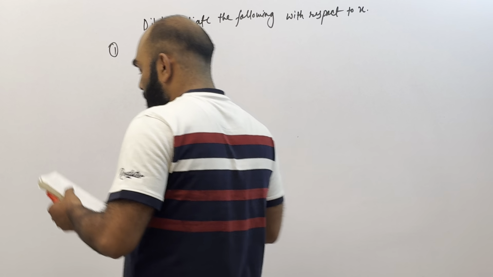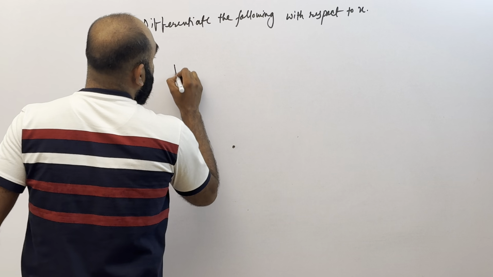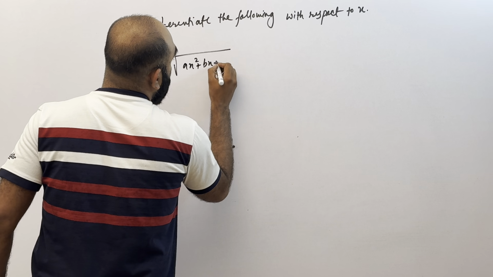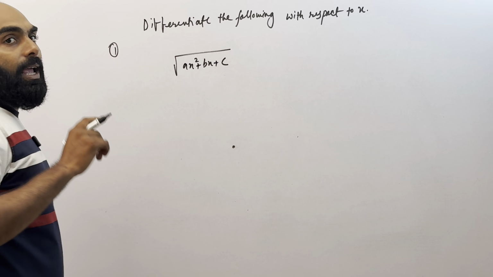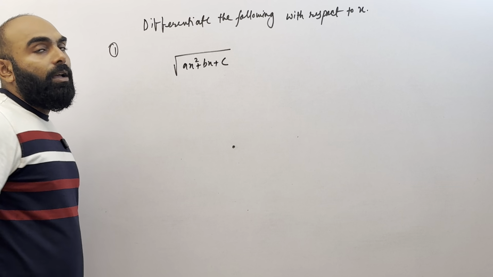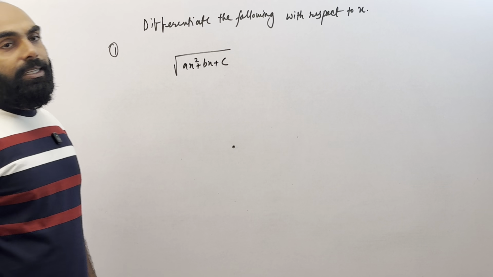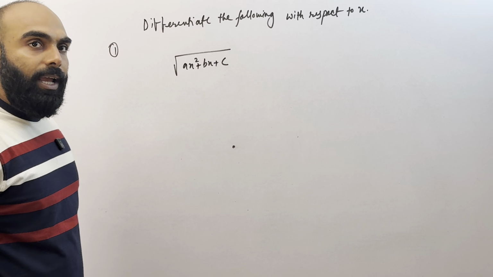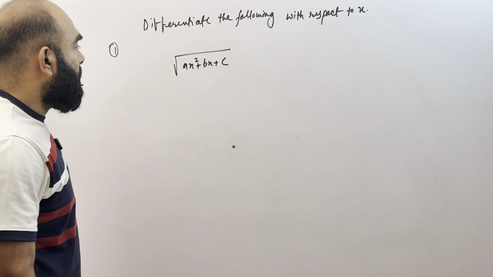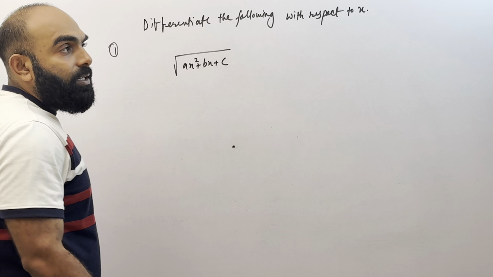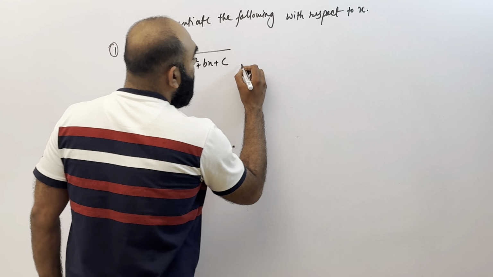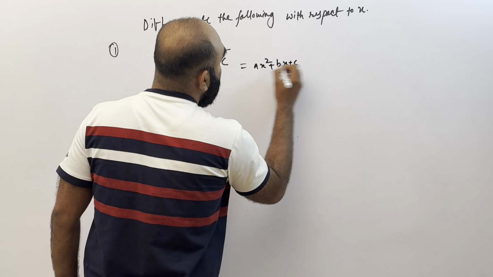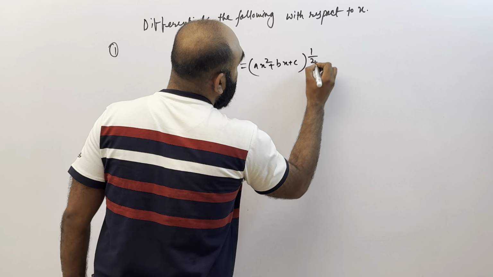Next question. They have written the square root of ax square plus bx plus c, and they are interested in only one question: differentiate the following with respect to x. So what I told you, first, can I write this as (ax square plus bx plus c) to the power 1 by 2?